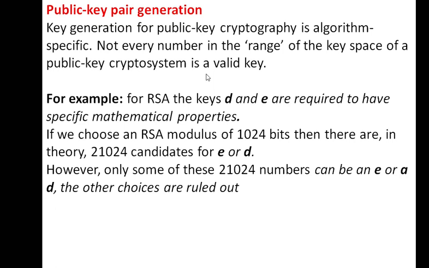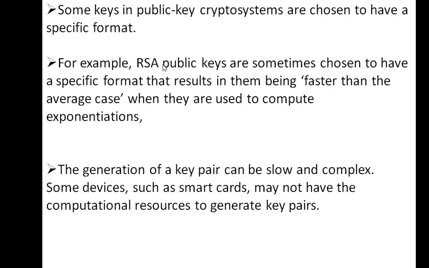In this way, public key pair generation is constrained. Some keys in public key cryptosystems are chosen to have a specific format, for example RSA public keys are sometimes chosen to have a specific format that results in them being faster than the average case.